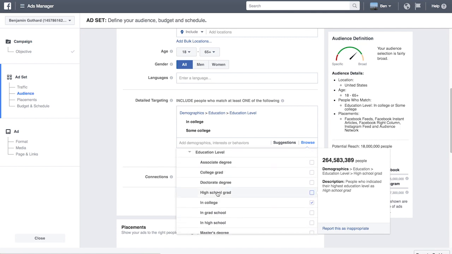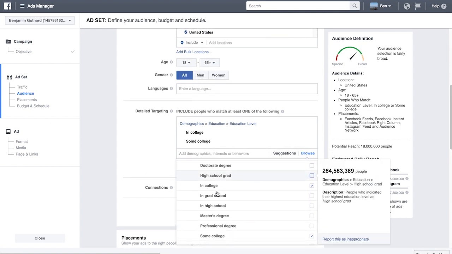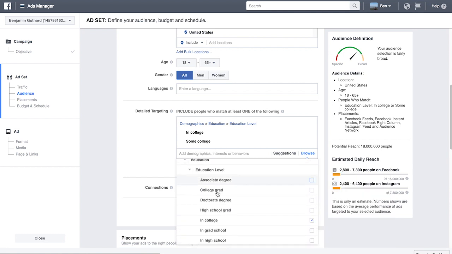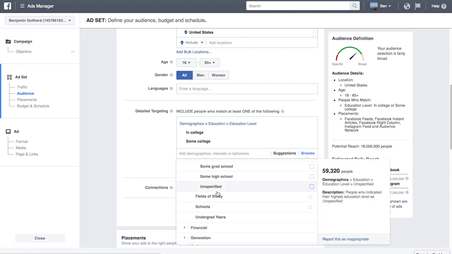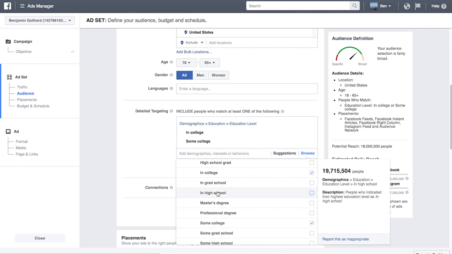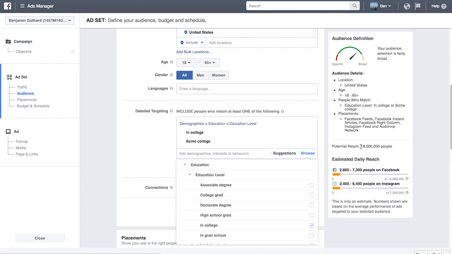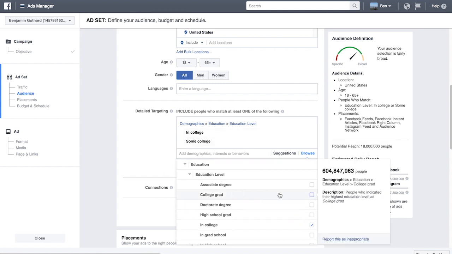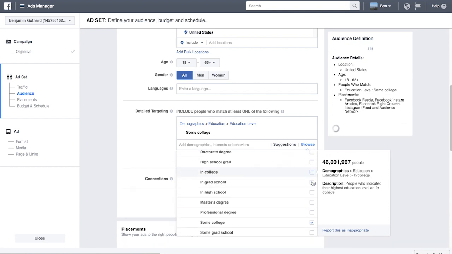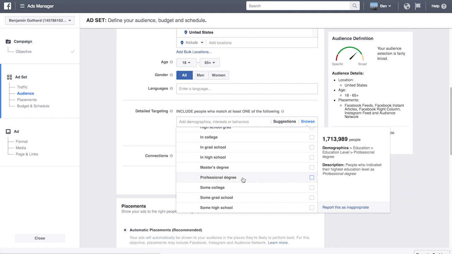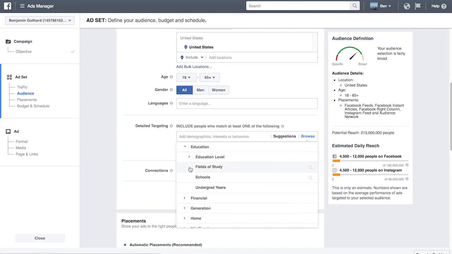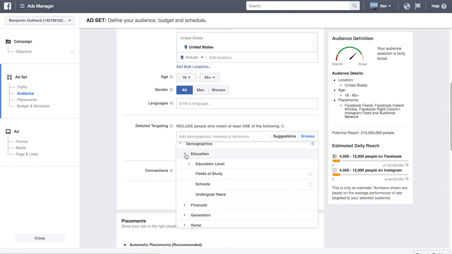And that is so much more precise than targeting people based on any other metric. I mean, you can literally say, okay, I want to target people who are in college or who have had some college. That's exactly my target audience. And you can reach, just on Facebook, 18 million people in the United States. And so you can see how powerful this sort of targeting is. Okay? So that is how in-depth you can go with demographics as far as education and education level.